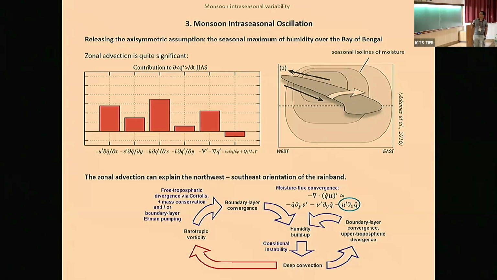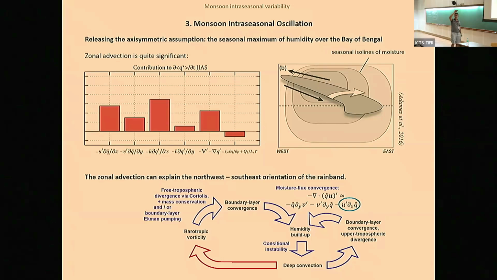And so the mechanism that Adames et al. are highlighting is the advection of dry air. So you can see here behind your rain band, in this schematic, you have zonal advection from drier regions.